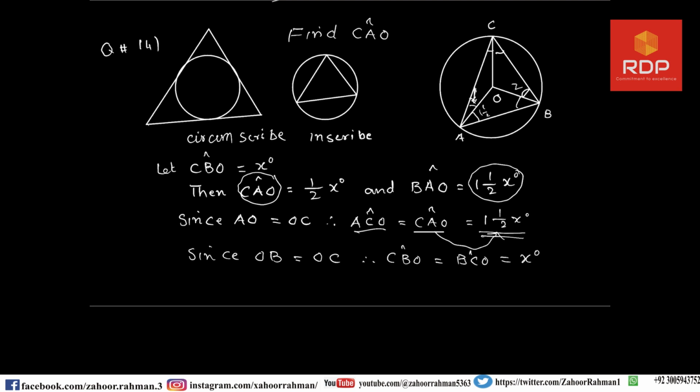Because that is an isosceles triangle, and the base angles of an isosceles triangle are equal. We supposed that CBO is equal to x degree, so that is why we wrote x degree here as well.